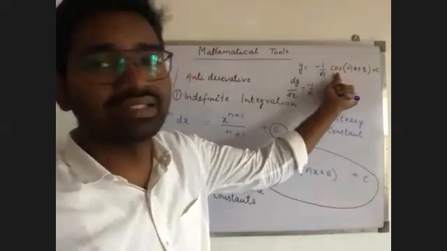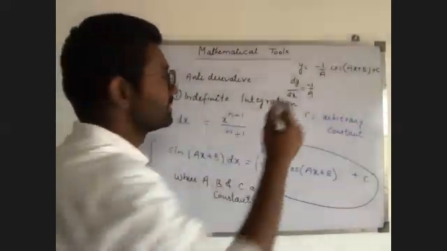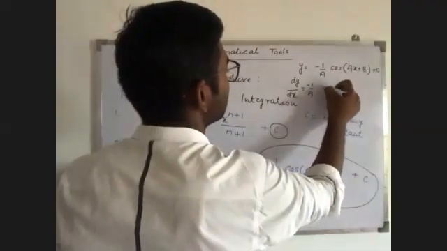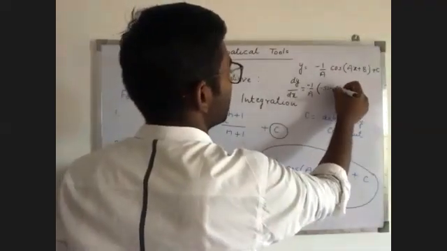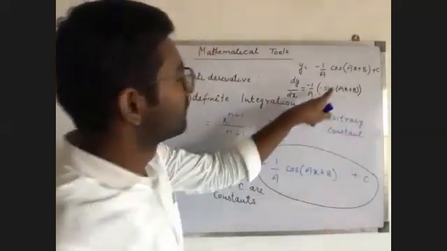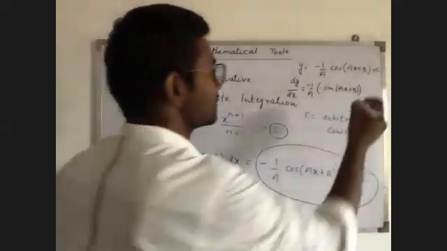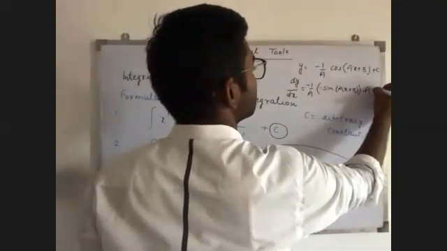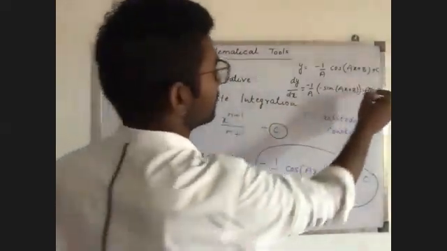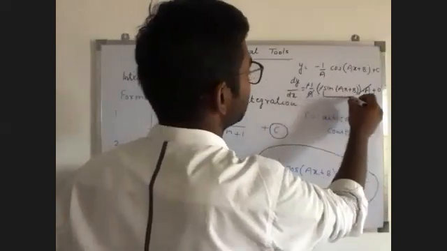Outside function is cos, inside function is a linear function. So cos differentiation is minus sin ax plus b. Then differentiation of inside, that is ax plus b, will be a plus constant 0. Now if you look, this a got cancelled out, this minus got cancelled out, and you get the same function.